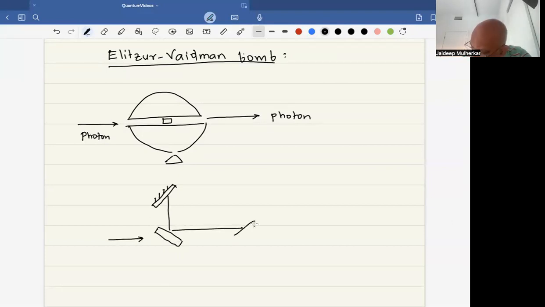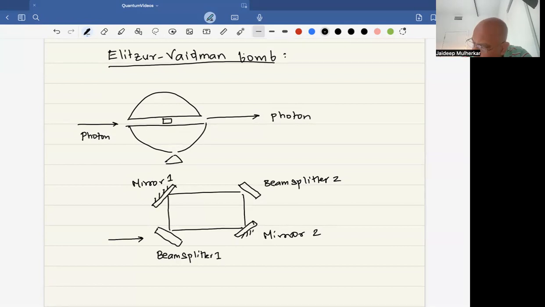And there are two mirrors. So mirror one, mirror two, and two beam splitters. So these are beam splitter one, beam splitter two, and these are mirror one and mirror two.